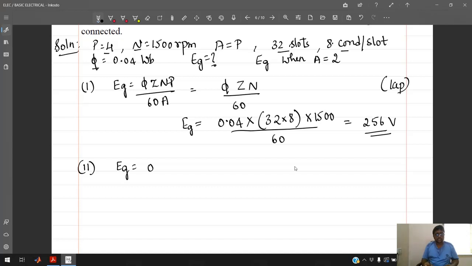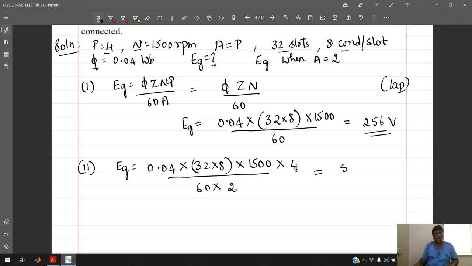EG is equal to phi is equal to 0.04, Z is equal to 32 into 8, then N is equal to 1500, P is nothing but the number of poles, that is 4, divided by 60 into, in the case of wave connected armature, A is equal to 2. So 60 into 2. So if you solve this, we are going to get 512 volts. So this is for wave connected armature. So this is how you solve this very simple problem of a DC generator.